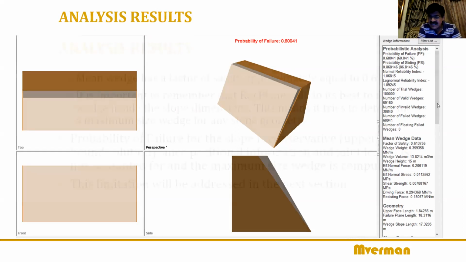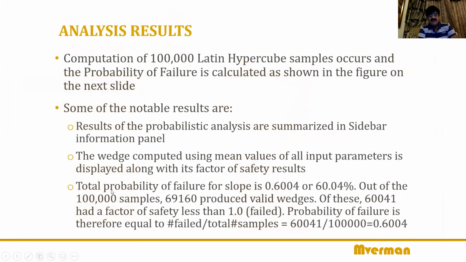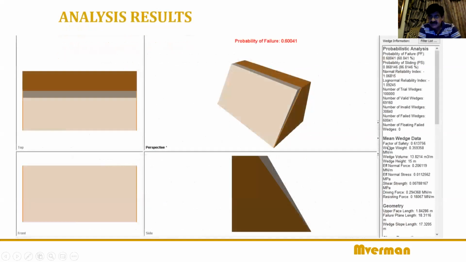So that's where the data is: the mean wedge data, the factor of safety of the mean wedge, taking into account the mean values of everything. Okay, but let's go back. The total probability of failure for the slope is 60%, which means out of the 100,000 samples, 69,160 produced valid wedges, the number of valid wedges mentioned here. The number of failed wedges is 60,041.